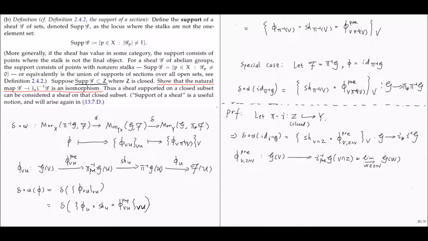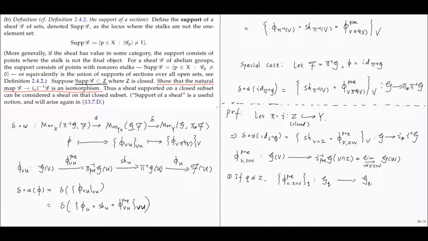Now let's compute the stalk of this map, the induced stalk map of this morphism at the point Q. If Q is in Z, we see after taking the colimit over all the neighborhoods of Q, we get an identity map.